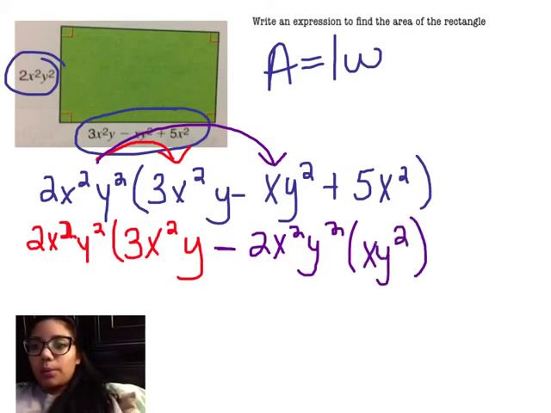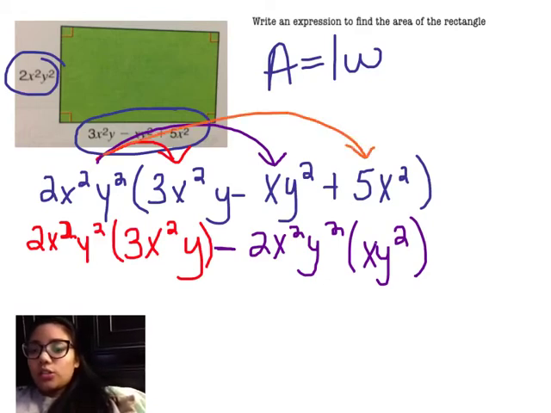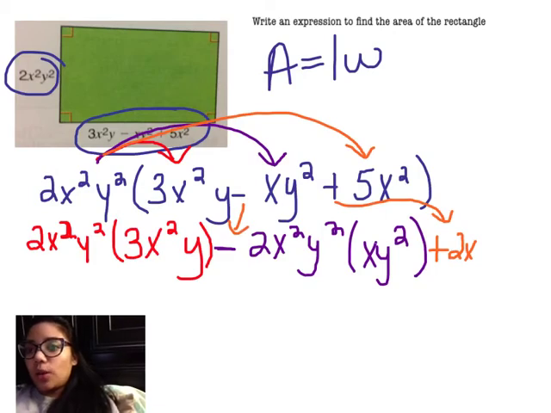And I forgot my parentheses here. And so then I have plus 2x squared y squared, and this is adding. I'm just taking that sign that's in the middle. That's why the other one's a minus. So 2x squared y squared times 5x squared.